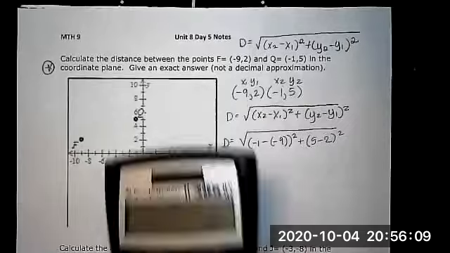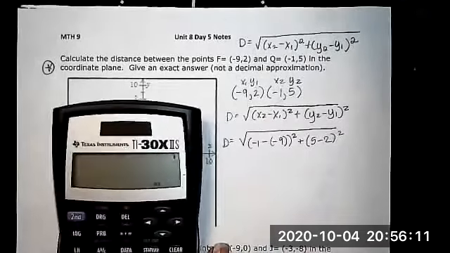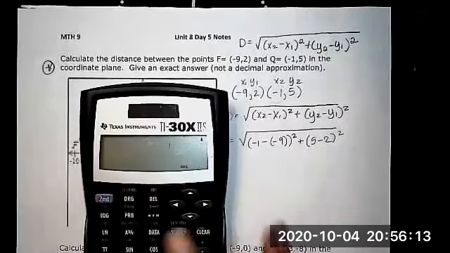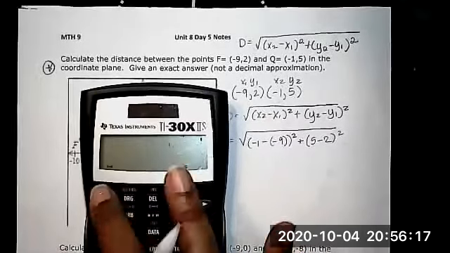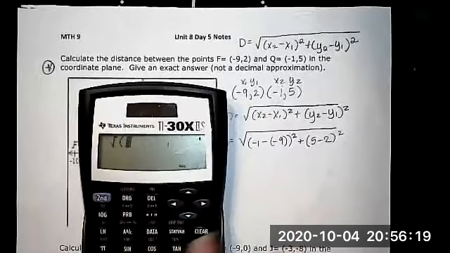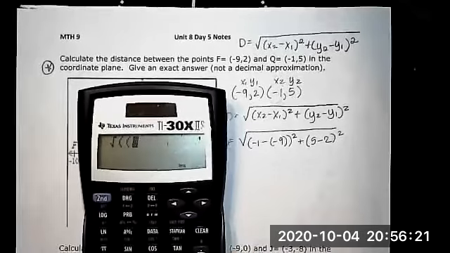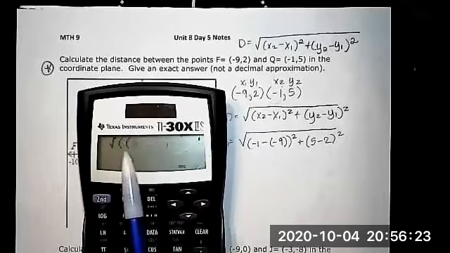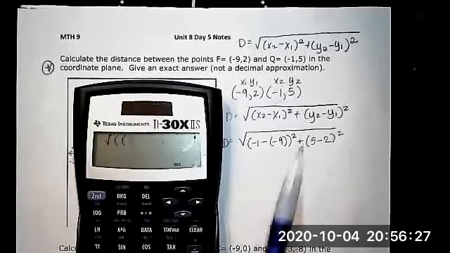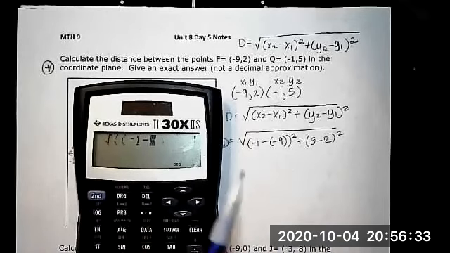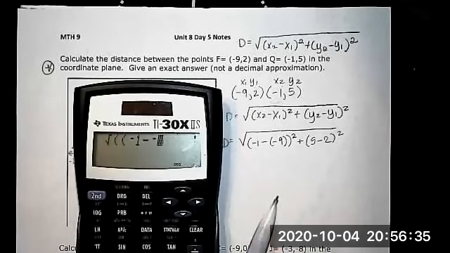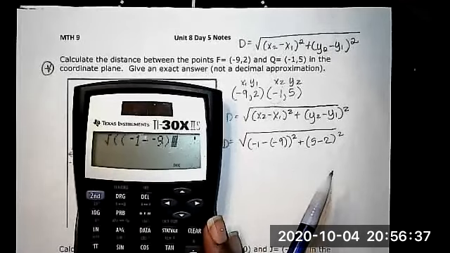And I put that all in my calculator. Now, how you would do that really is, please make sure you double parentheses. For distance, I'd always double parentheses. And then you're going to put this particular one in. So negative 1 minus negative 9, you can put that like that. Fine.